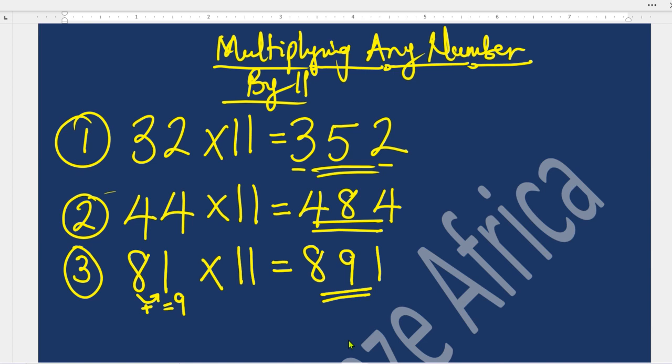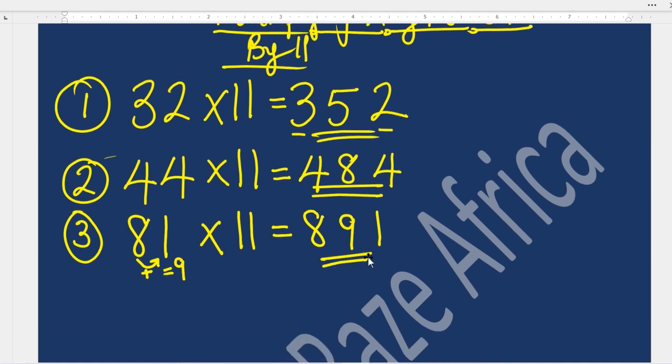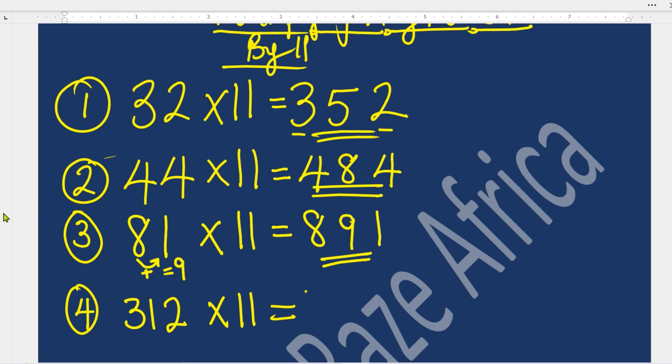Now, listen to the fourth example. Number 4. 312 times 11. You can see we are going higher. Write down the first digit. Everybody listen. The first digit is 3. The last digit is 2. Now go back to the number and begin to add up the digits.